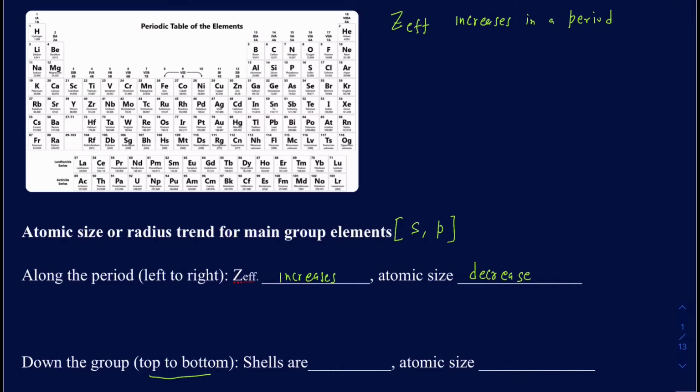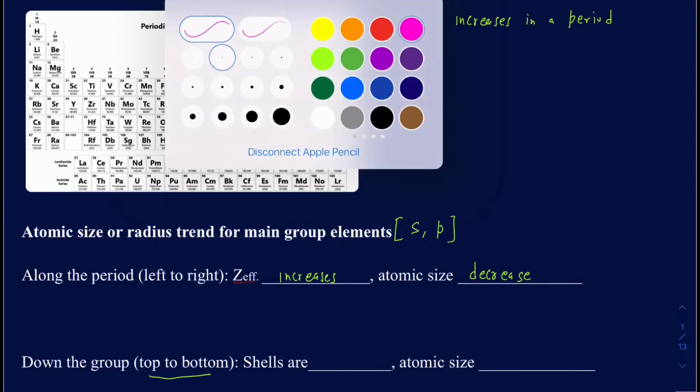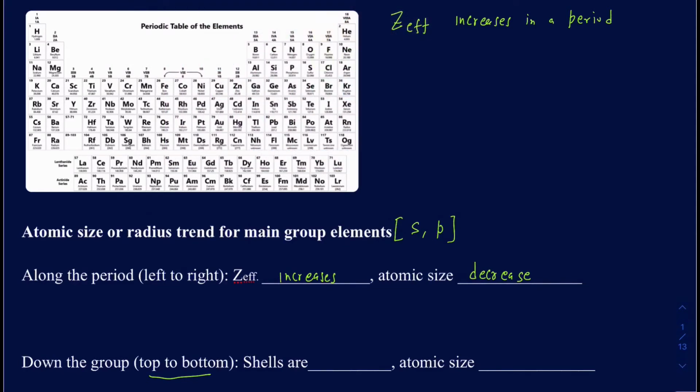However, when you're looking down the group, which is top to bottom, we're going to be looking at a different concept here. We don't focus much on the Z effective, but rather on the number of shells. Let me take an example of lithium and sodium.